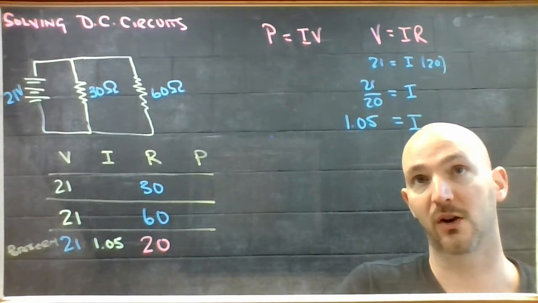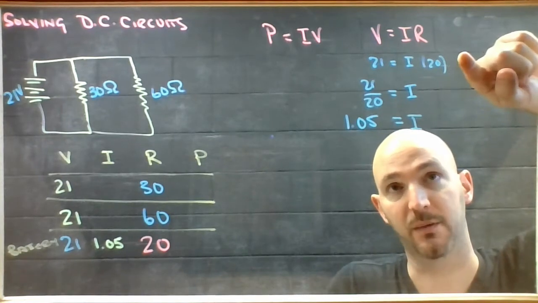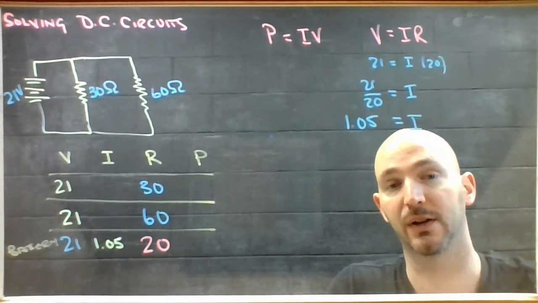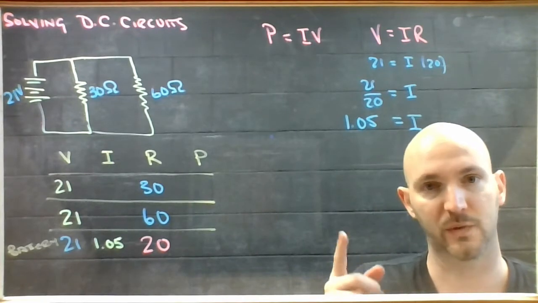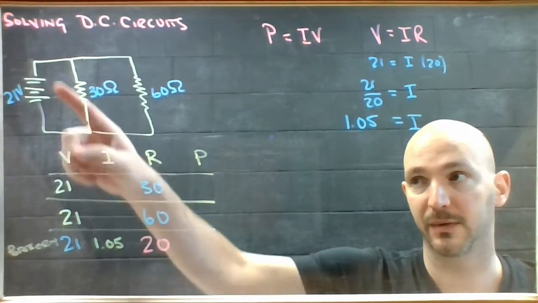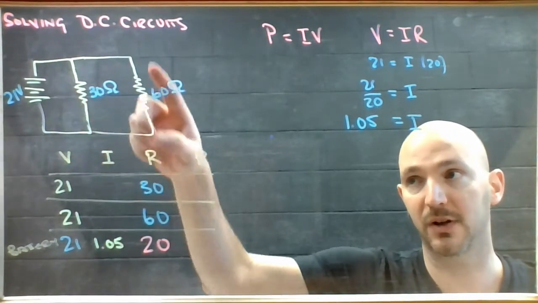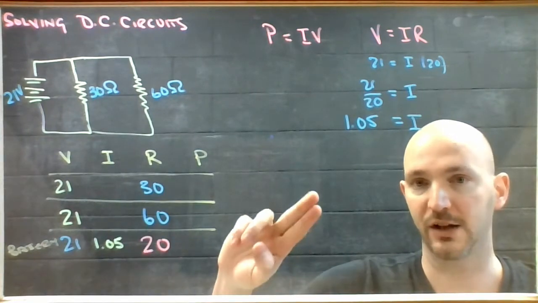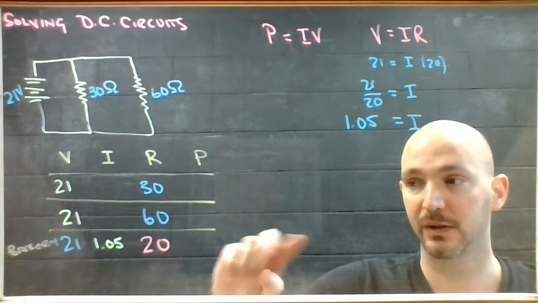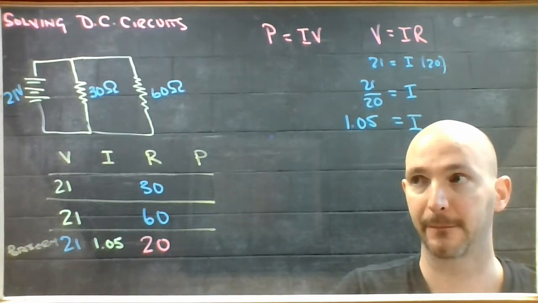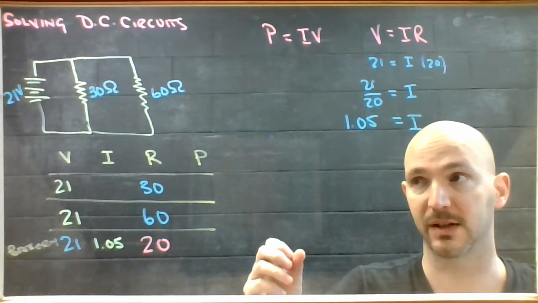So using Ohm's law, I'm going to be able to use the voltage and the resistance to calculate the current through each part. I'm going to get some current through this 30, and some current through that 60. And when I'm done, I should be able to add them together to get 1.05 so that everything is accounted for. So let's just do that and then make sure it works.